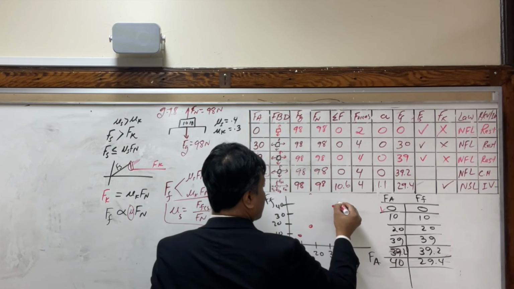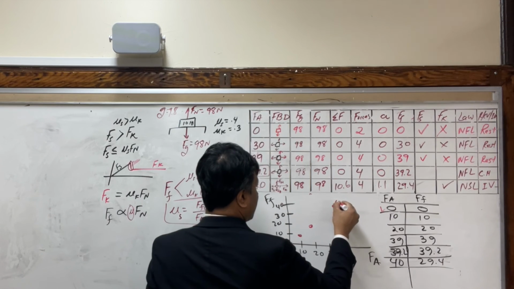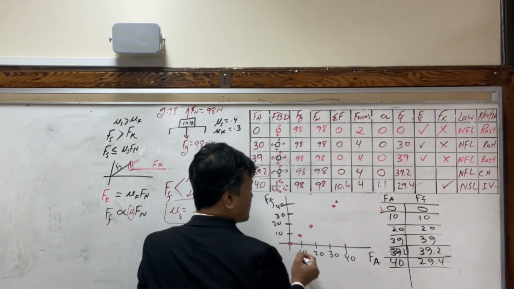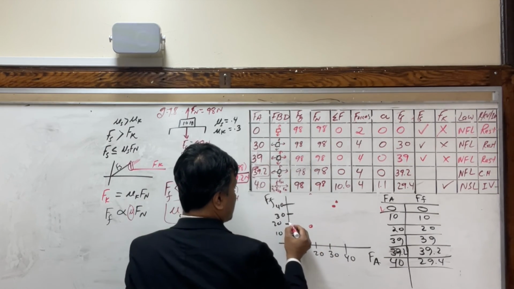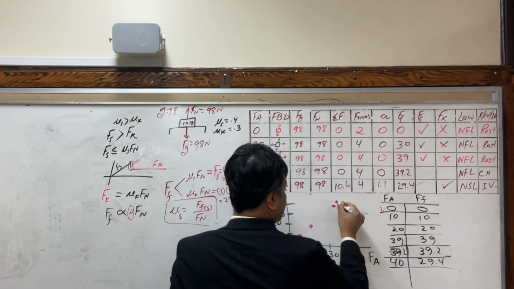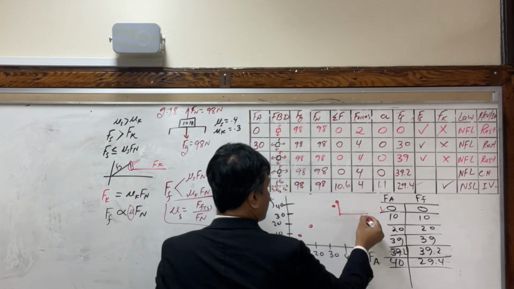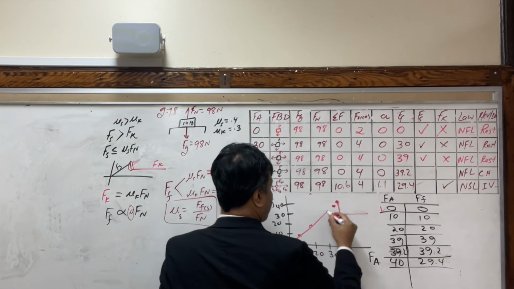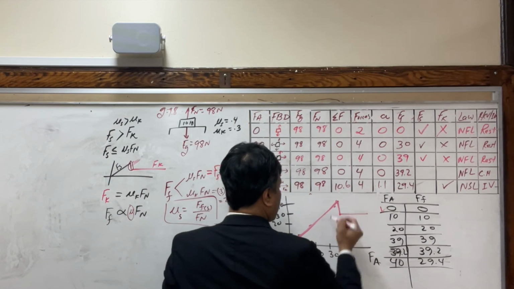So 39.2 right here. When you are at 40, you are not here anymore. When you are at 40, you are at 29.4. So 29.4 here. So this is what happened at 40. You connect them. All right. Okay, good.